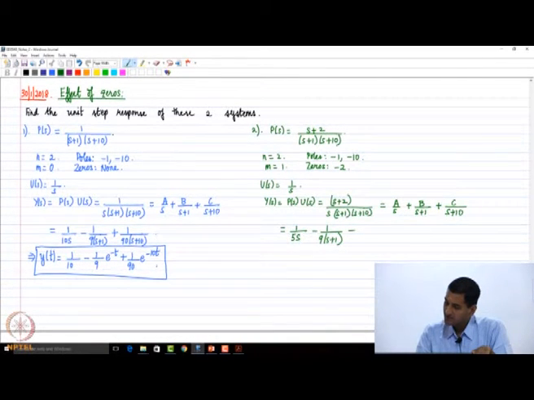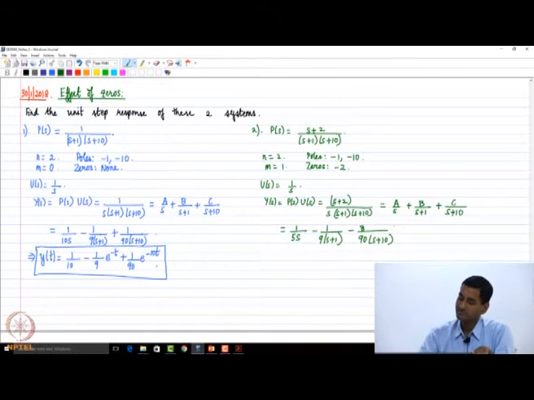Let me write it as minus 8 by 90, for a specific reason. 4 by 45 I am just writing as 8 by 90. So we are going to have minus 10 times minus 9, which is 90, and minus 18 in the numerator. So I can write it as minus 8 by 90.